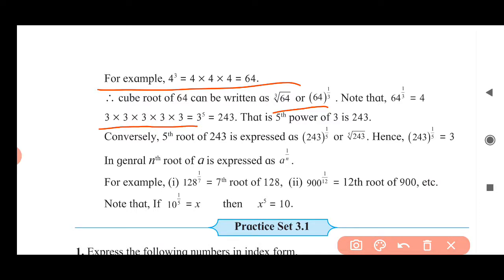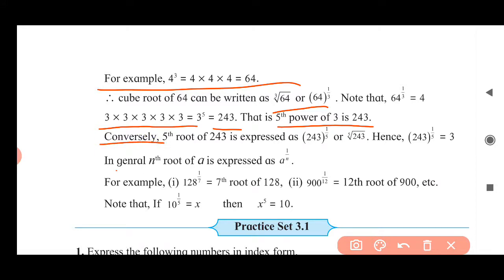3 multiplied by 3 multiplied by 3 multiplied by 3 multiplied by 3 is equal to 3 raised to 5. Then 3 raised to 5, the answer is 243. That is, the fifth power of 3 is 243. You can read or write in words as the fifth power of 3 is 243.